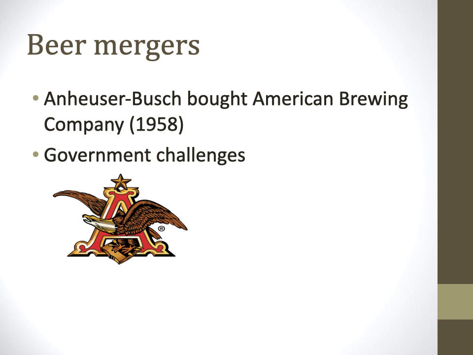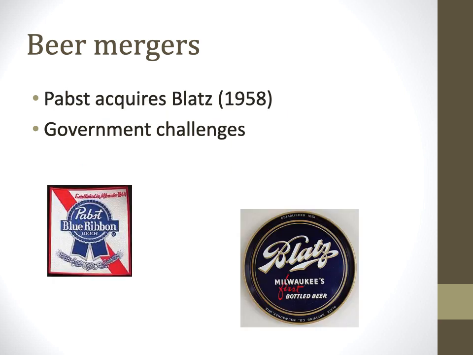They required them to split out American Brewing and sell it, and they restricted mergers by Anheuser-Busch for the next 5 years. In the same year, Pabst acquired Blatz. These are two Wisconsin breweries, and the government challenged that. Pabst lost the case, and it was looking very specifically at Wisconsin as the relevant geographic market.